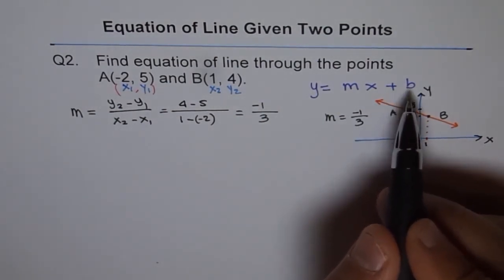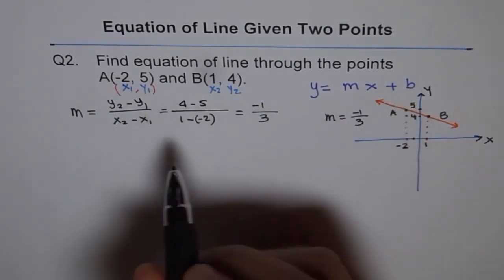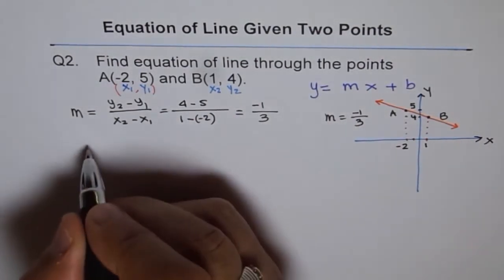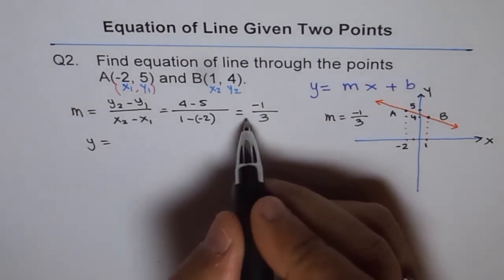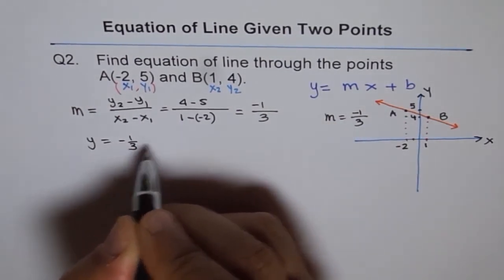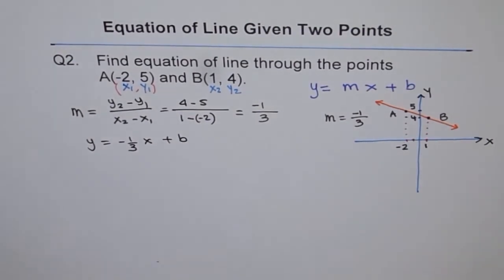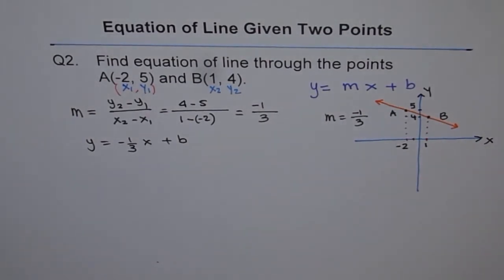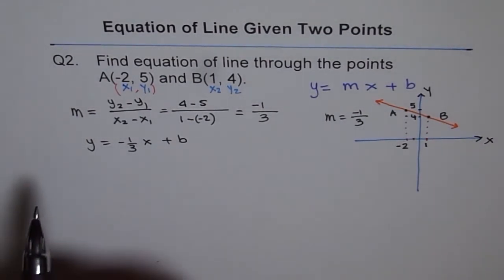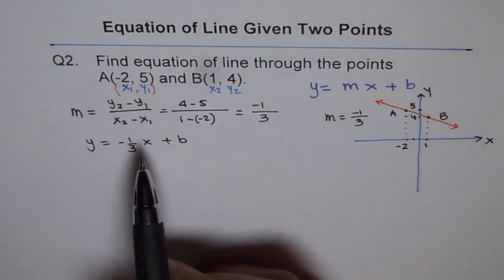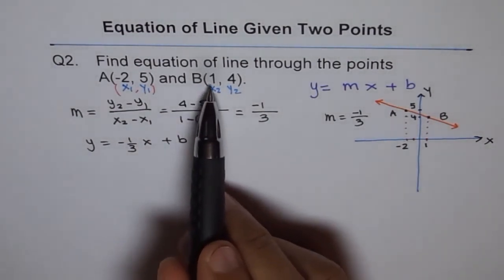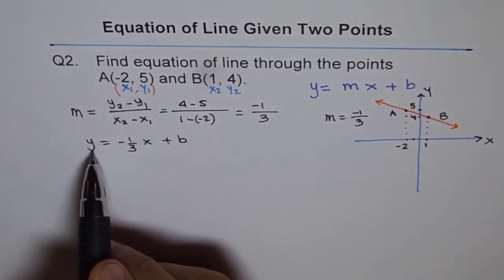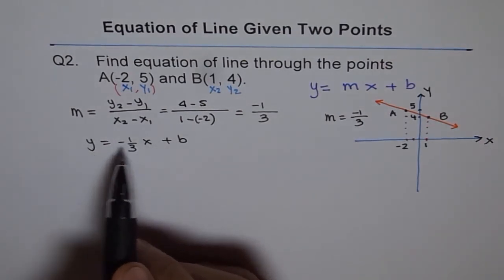To find the y-intercept, let us first write down the equation with the slope. Now the equation becomes y = -1/3 x + b. In this equation we know the slope, but we don't know what the y-intercept b is. To find b, we can use any one of our points. Let's use point B, which has x value 1, y value 4. If I put 4 for y and 1 for x, then I can find b.